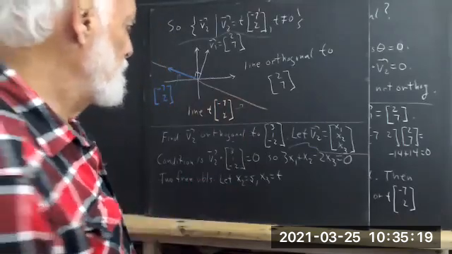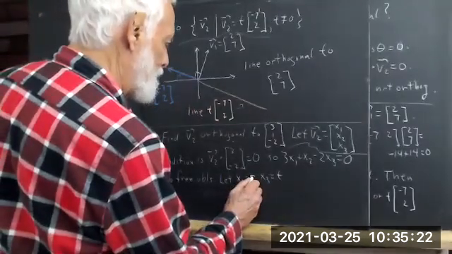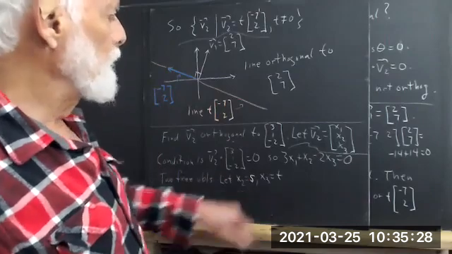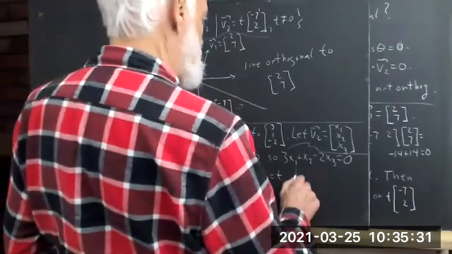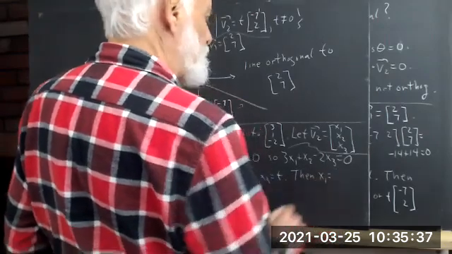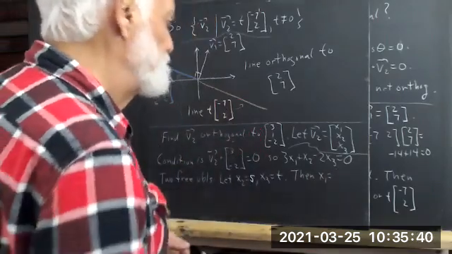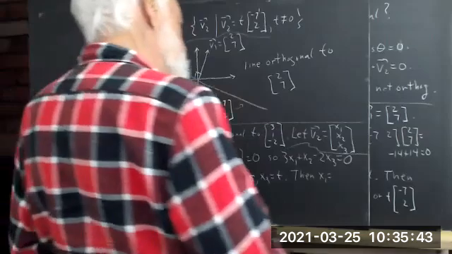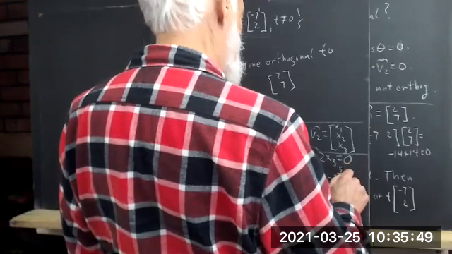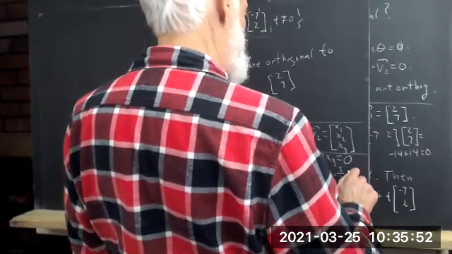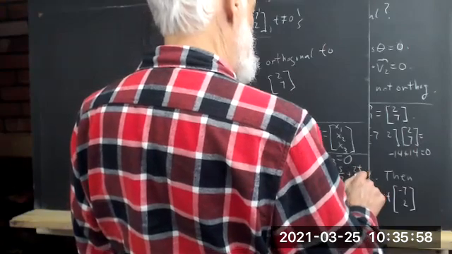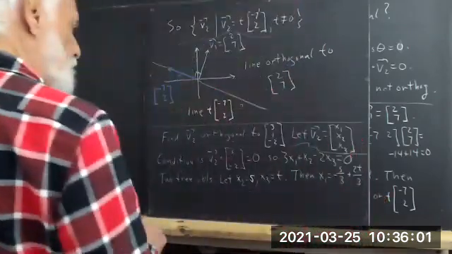Okay, so we're going to let x2 equal s. That looks an awful lot like a 5. Let's see if I can get a little rounder. Okay, that's not a good s, but that'll have to do. Let x2 equal s, x3 equal t. Then x1 equals, could have chosen nicer numbers, but it's okay, they're not that bad, negative s over 3 plus 2t over 3.